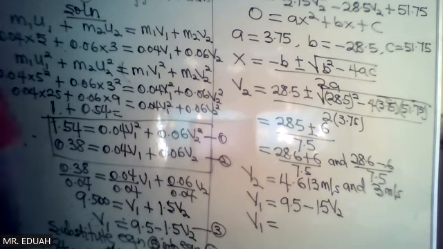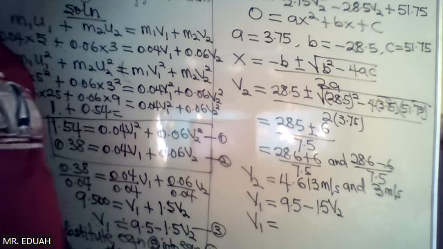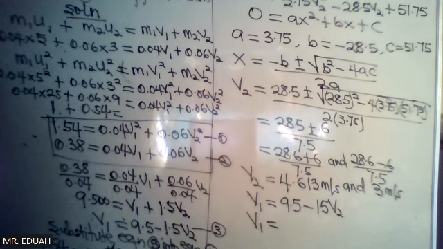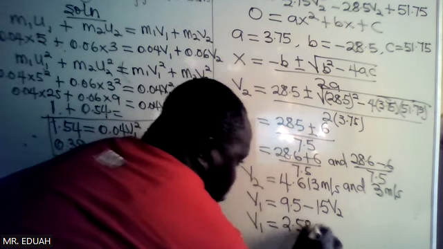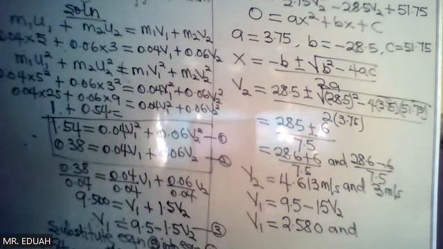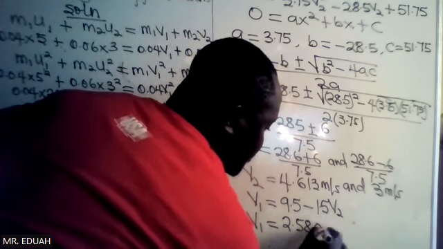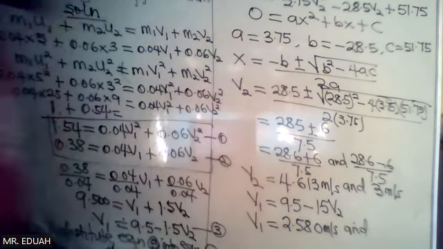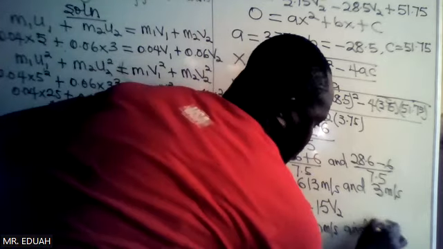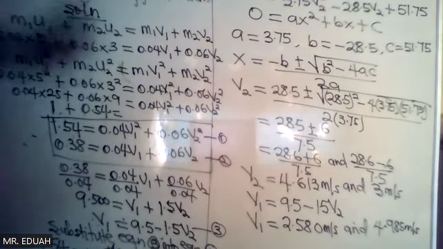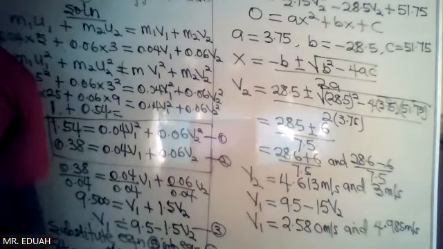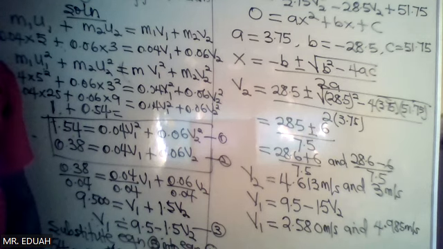V1 is 2.580 and 4.985. So using the two equations, these are the possible values for V2 and V1.